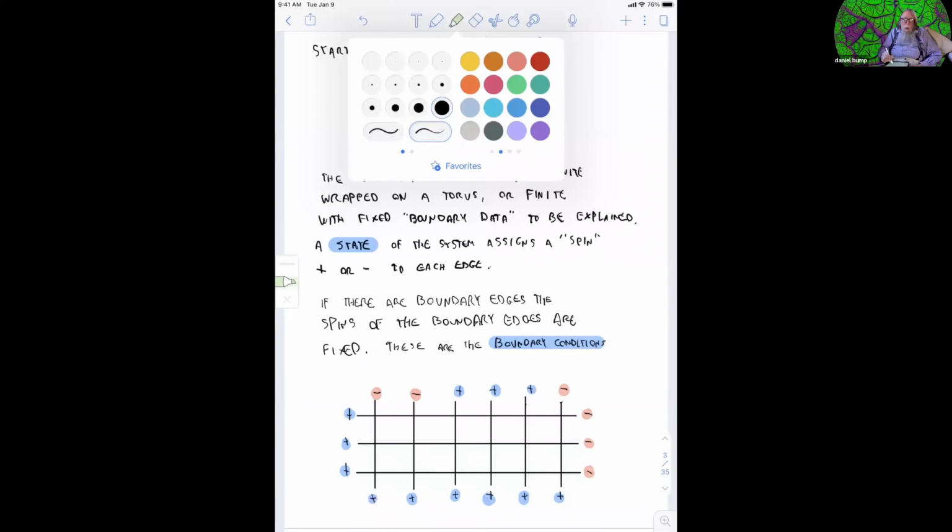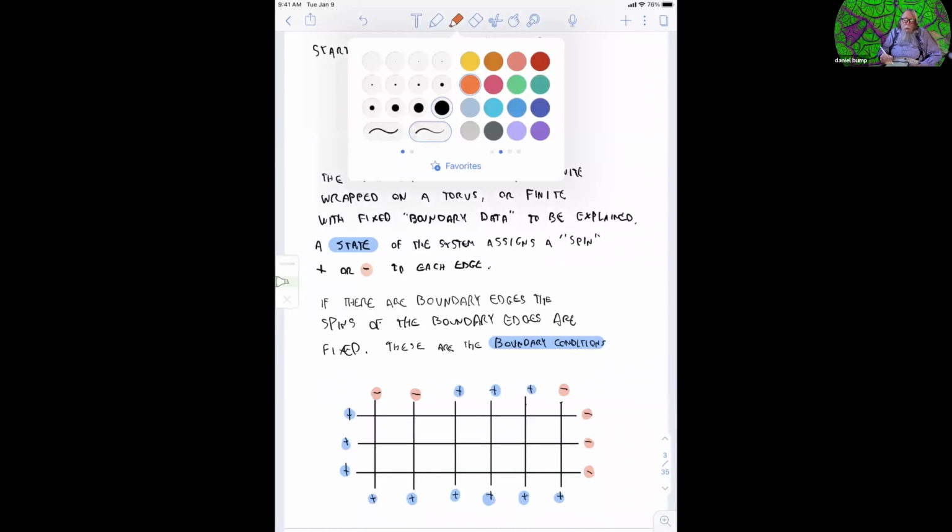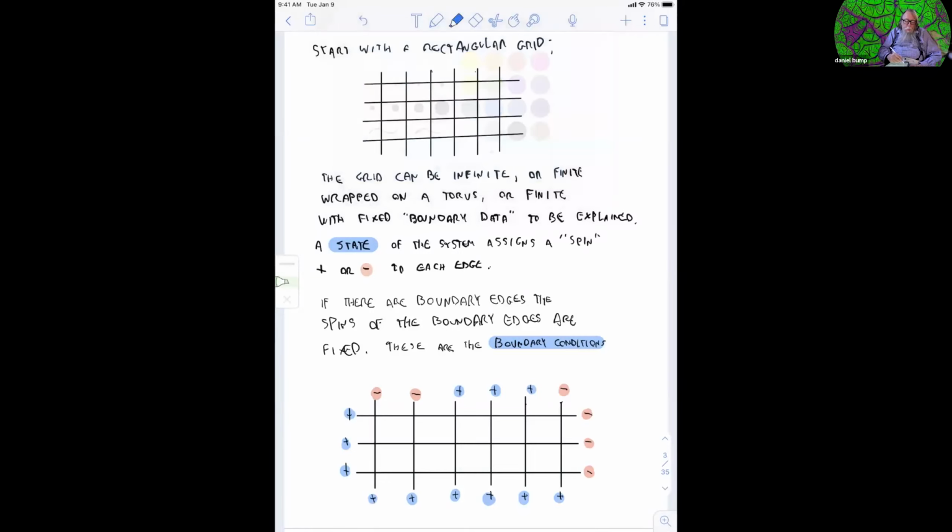I guess I'm using red for minus spins and blue for positive spins. So the boundary spins will be fixed, and then the spins of the interior edges are going to be allowed to vary. Are there any questions?